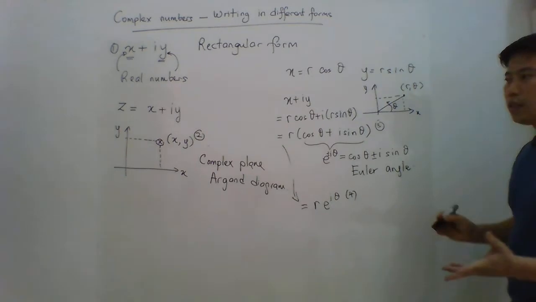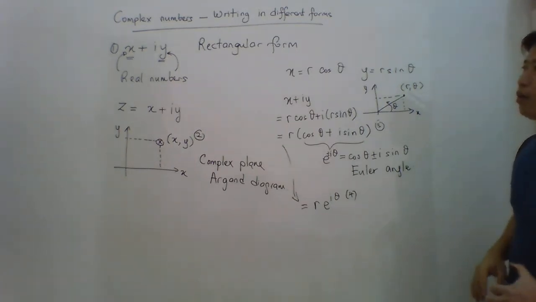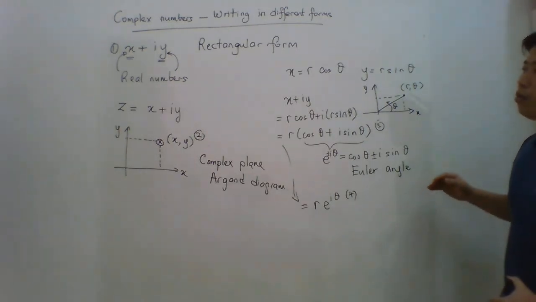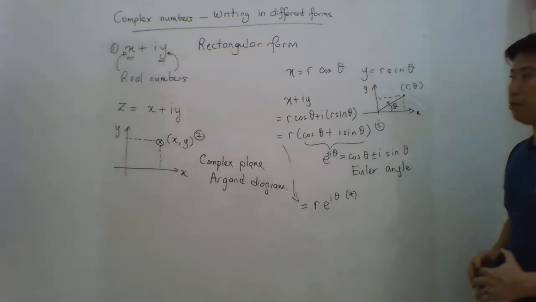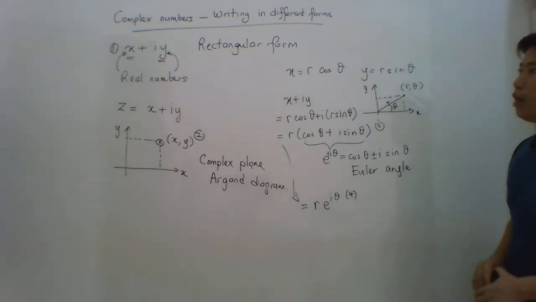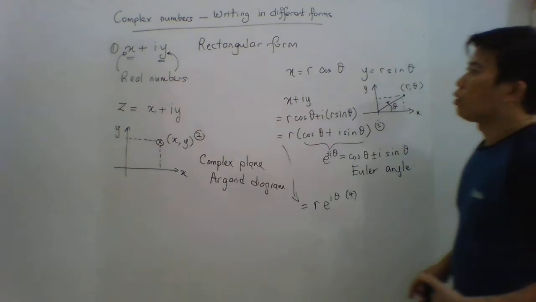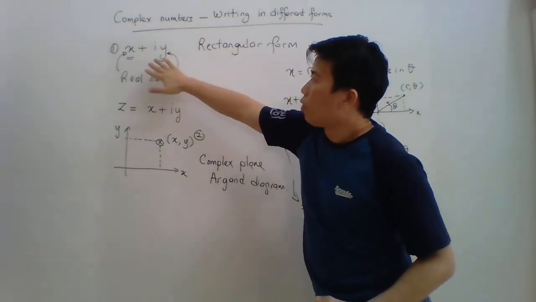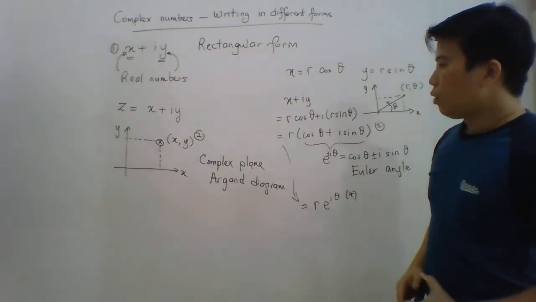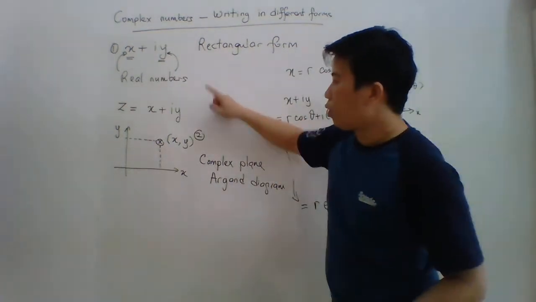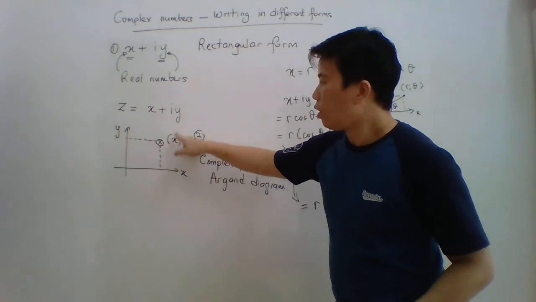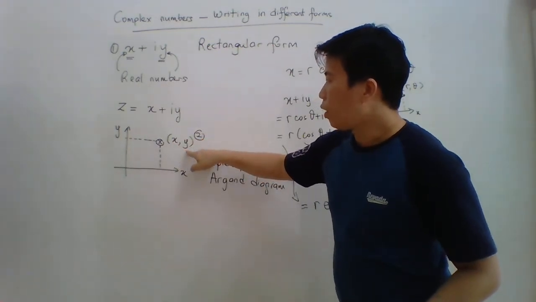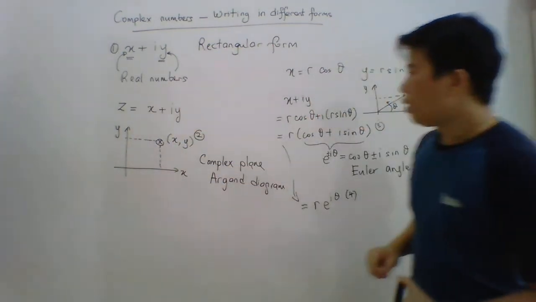Okay, so now let's just sum up what we have talked about. In this lecture we talked about how to represent complex numbers, and you have 5 ways to do it. So there is the rectangular form, which we are familiar with, which is written like this, and you can also represent it in terms of a coordinate representation like this, in a bracket where x and y are real numbers.